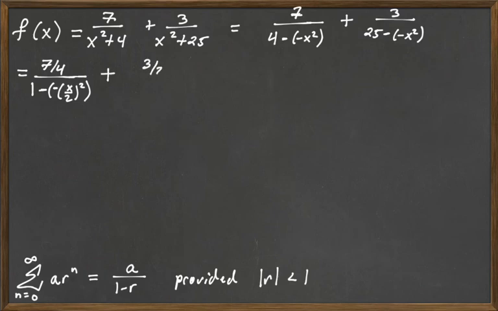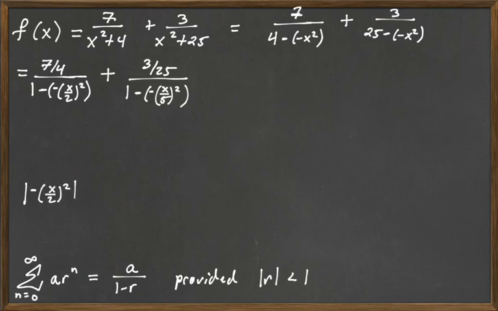And we'll do a similar thing, divide by 25, so 3 over 25, 25 over 25 is 1, and then minus negative x over 5, squared. Okay, and now we're ready to use the geometric series formula down below.